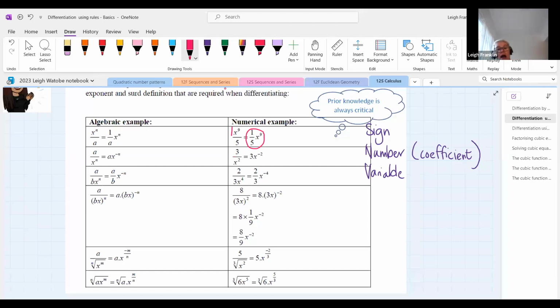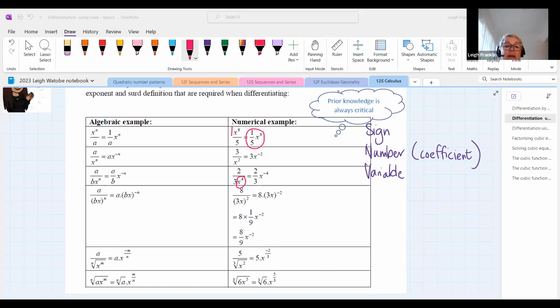Another example: if they gave us 2 over 3x to the power of 4, we would take this part into the numerator. Again, our coefficient is going to be 2 over 3. Taking our x into the numerator and changing its sign, it can be written as 2 over 3 x to the power of -4. That's just a reminder about negative exponents.